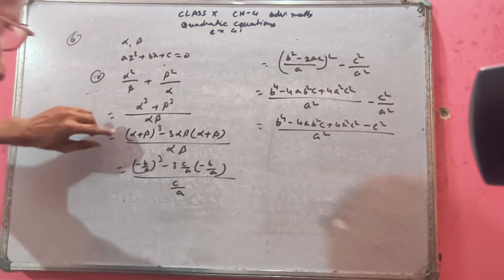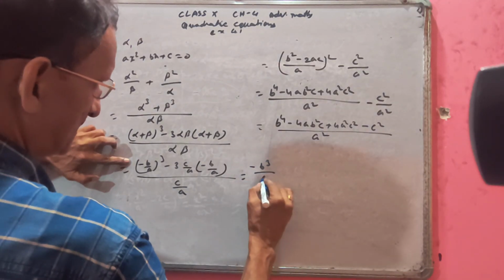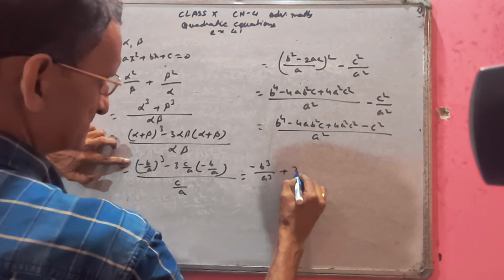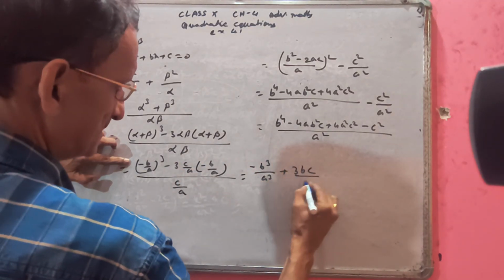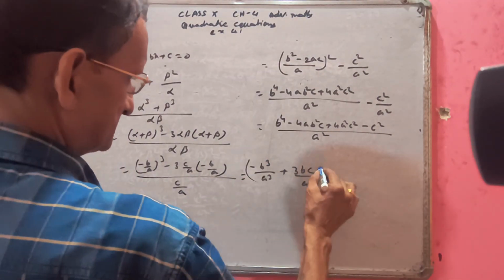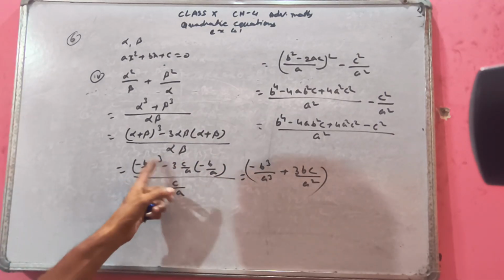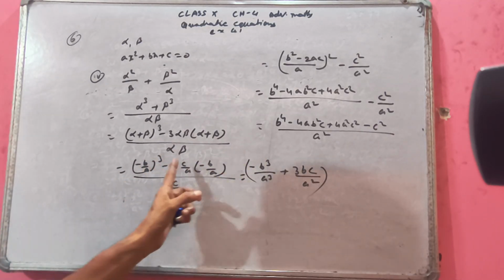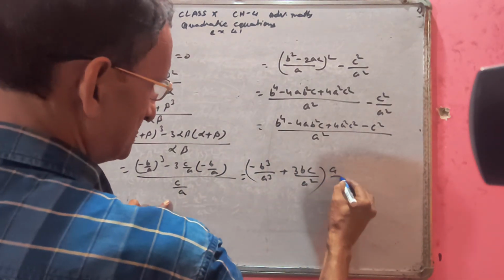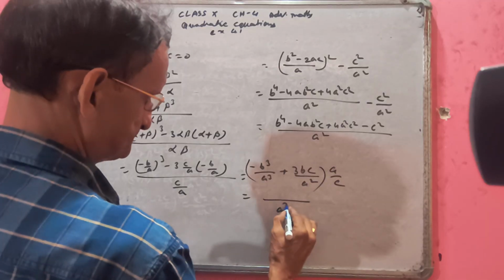Okay, the value. Then simplify minus b cube by a cube minus minus plus 3bc by a square. Okay, you can write in the bracket. Understood it? Minus whole cube is minus only, b cube a cube minus minus plus 3bc by a square, and divide, when we convert multiply it will become a by c. Okay, what is the LCM here? a cube.